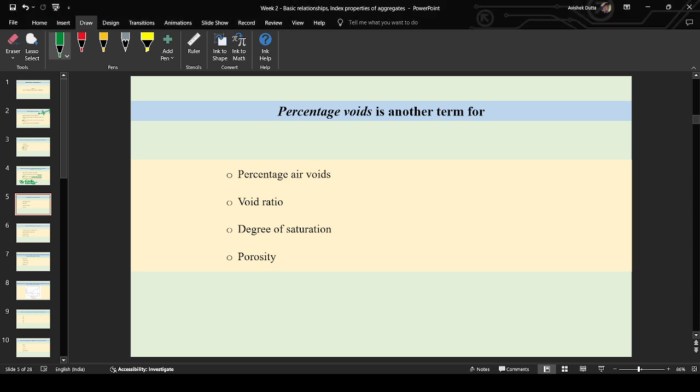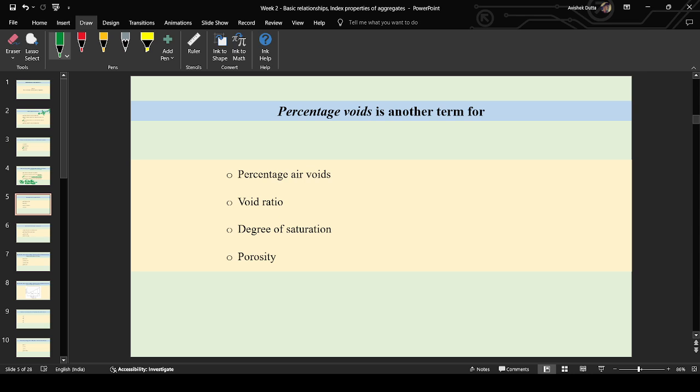Percentage voids, what is the answer? Porosity. Yes, percentage voids is porosity: Vv, volume of voids, by total volume, into 100.